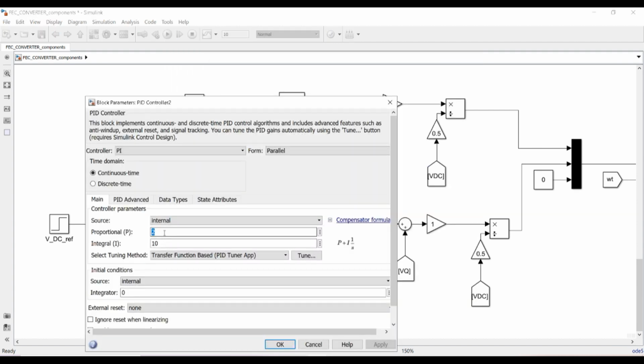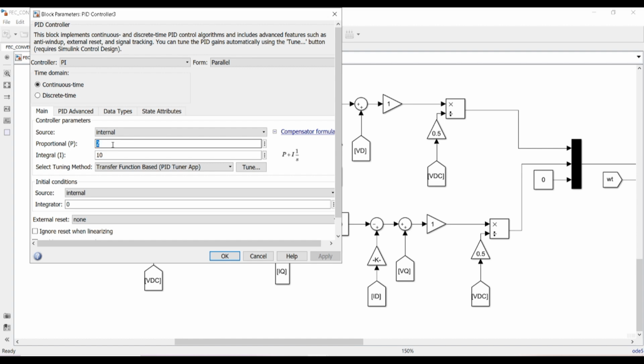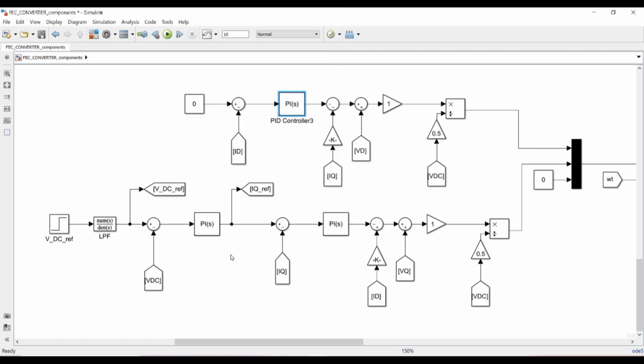Here I will be only putting KP and KI. Here also I will be putting KP and KI. All values it will be calculating automatically.